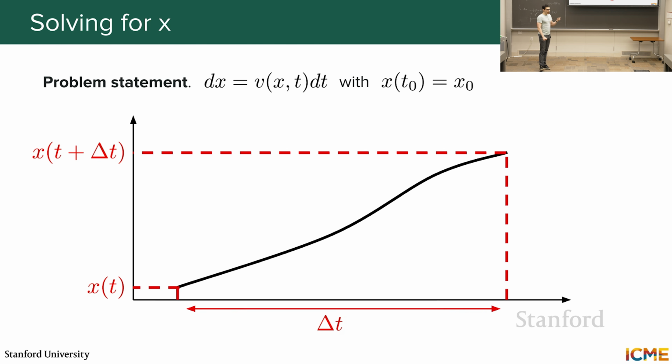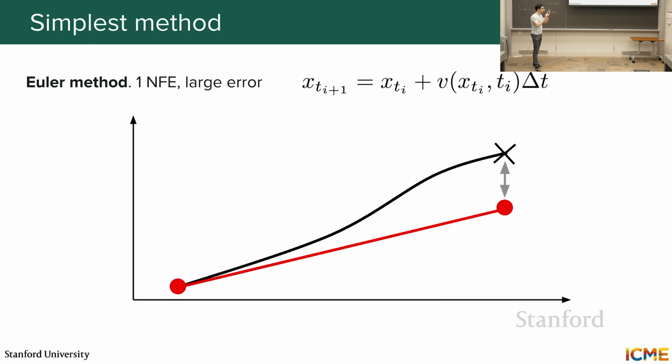And I'm going to introduce this notion of solving an ODE by the very simple method that some of you might know already, so Euler's method. If you consider this ODE dx equals v of x and t dt, you can, based on your initial point and the derivative at that point, approximate the next point.